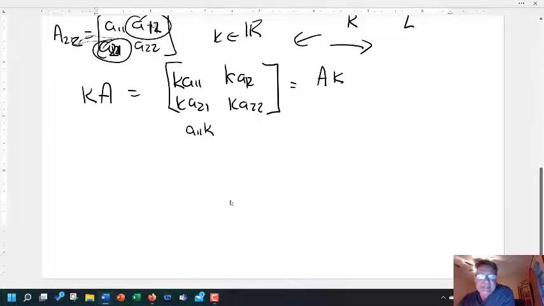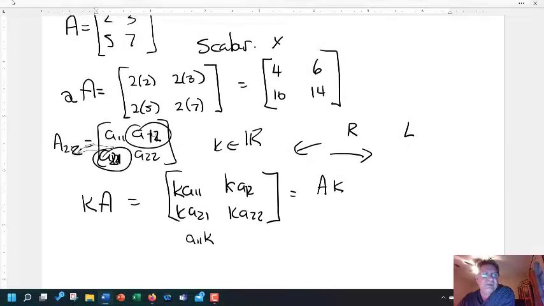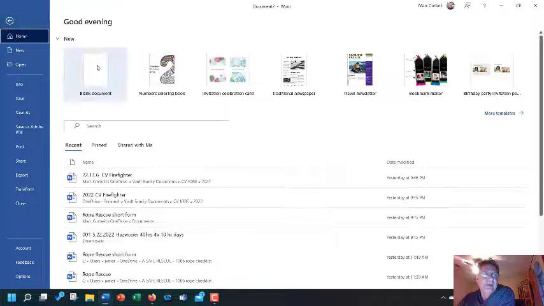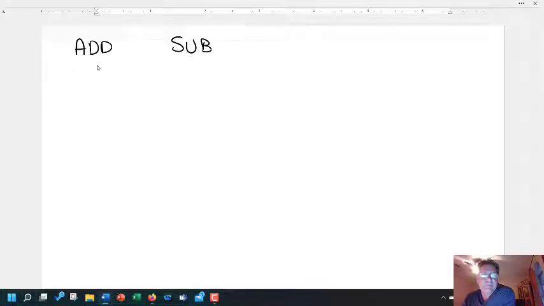The next step might be adding two matrices, so we'll go ahead and do that. When you add two matrices, we're going to be really specific. They have to be matrices of exactly the same size, and that works for add or subtract.